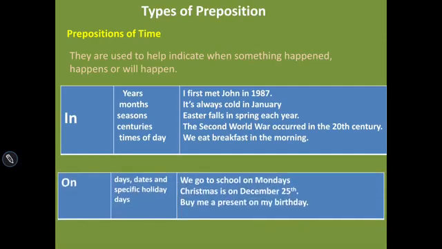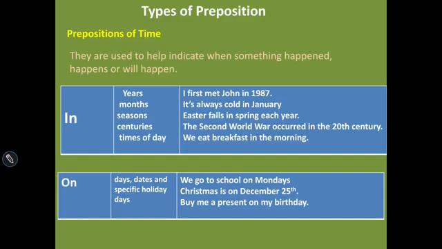Next is on. How is it used? Before days, dates, specific holidays. For example, we go to school on Mondays. Christmas is on December 25th. Buy me a present on my birthday.